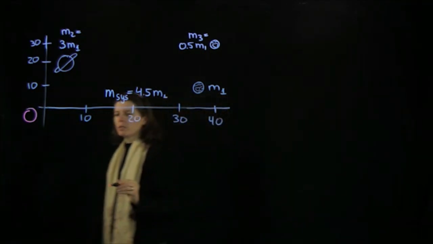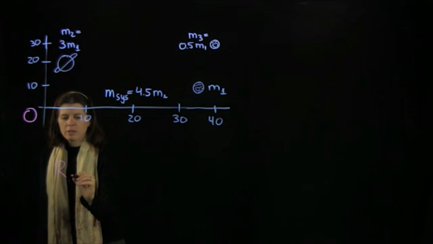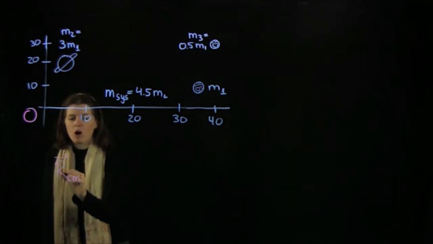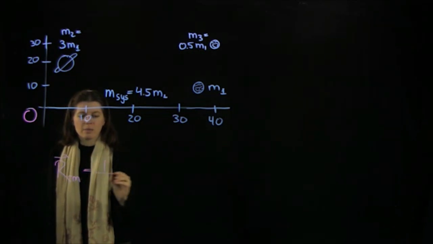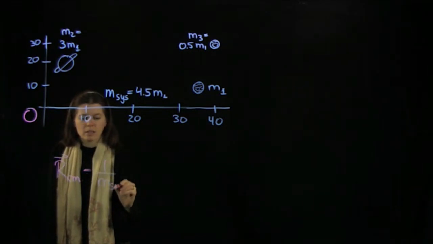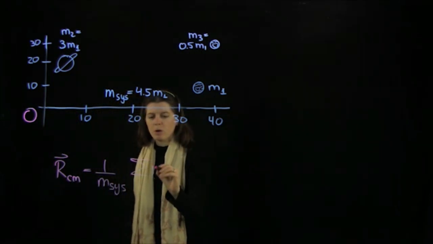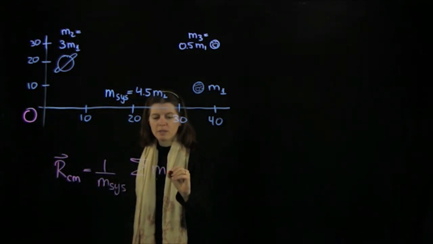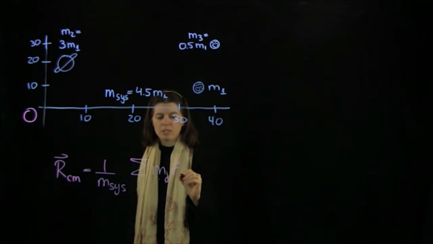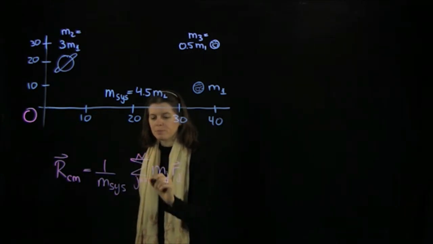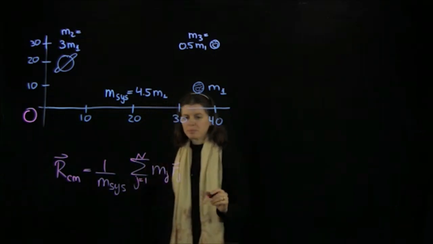And if we want to calculate this position function of the center of mass, R_CM, that is the mass weight here. And then we need the sum of all our masses times our distances. We're going to sum here over j from 1 to n.